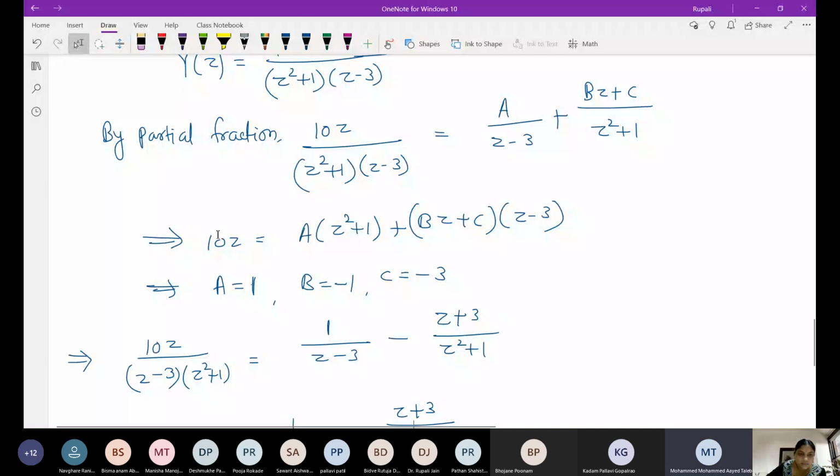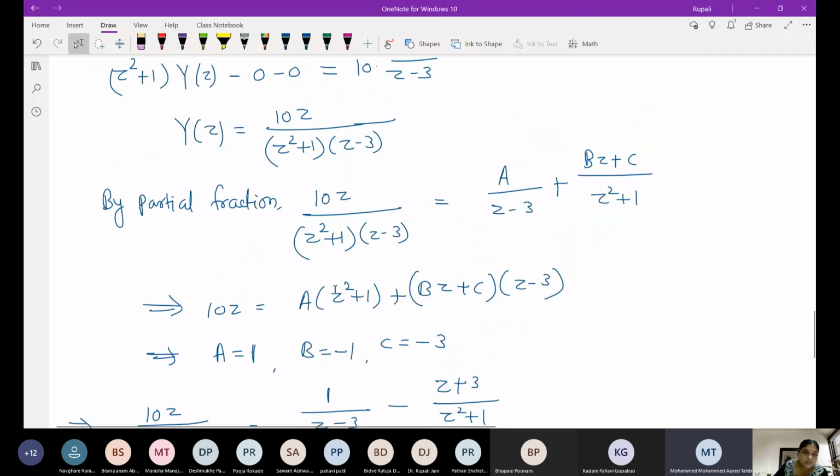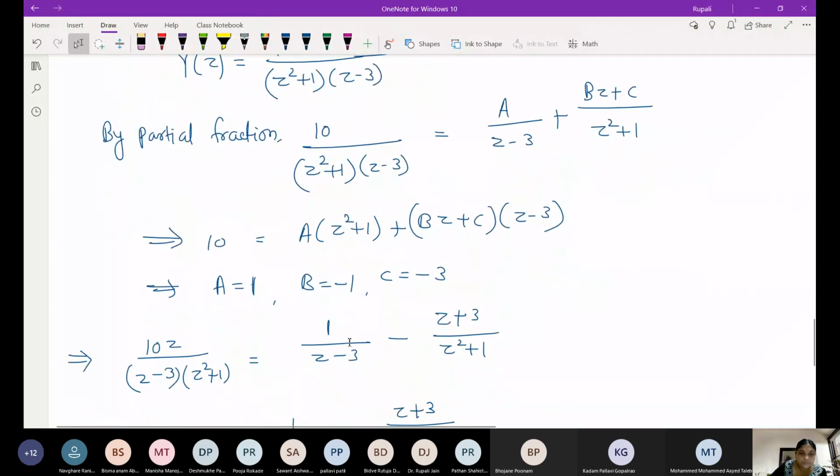Z outside should be 10, only the constant should be 10 on the left side, otherwise you won't get that one. Now it is okay. Now check.